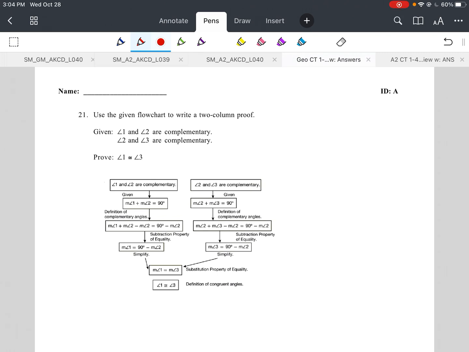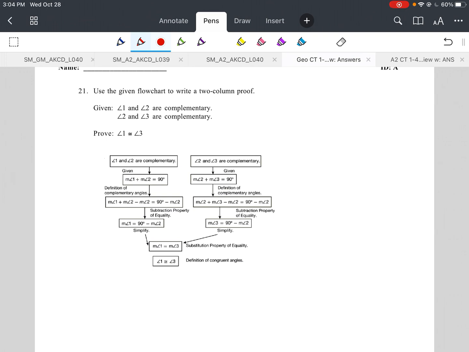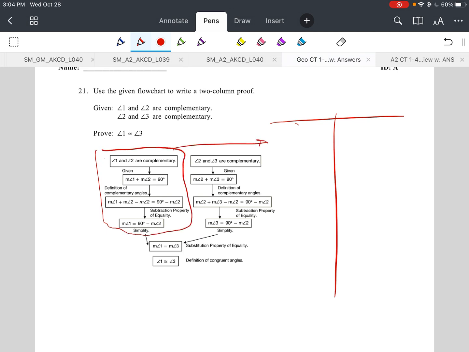We're having fun. All right, use a flow chart proof to write a 2-column proof. So you're just going to use this to get that. What I usually like to do is take this train all the way, this part here, you put it in there.